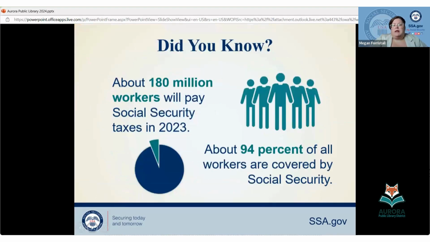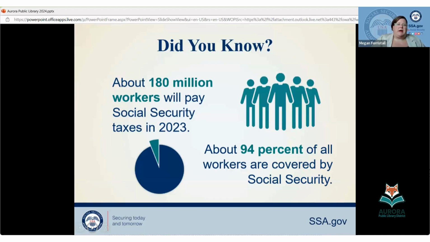Now, about 180 million workers, or 94% of workers in the United States, were covered under Social Security last year. In Illinois, we're actually a state that has quite a bit of people who do not pay into Social Security. That's because our public school teachers, City of Chicago employees, a lot of police or firemen, state university employees, judges, all of those categories do not pay Social Security taxes.